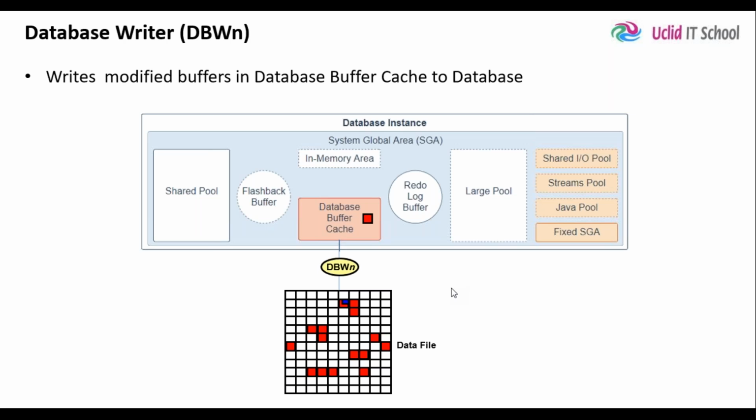A DBA can configure multiple database writer processes to speed up the writing mechanism. By default, only one database writer process is started. In a write-heavy system, a DBA can configure multiple database writer processes to speed up the writing process. By speeding up the writing process, you are improving the overall performance of the database.